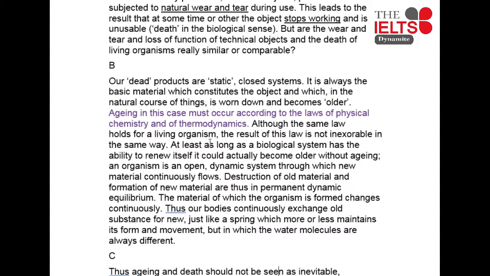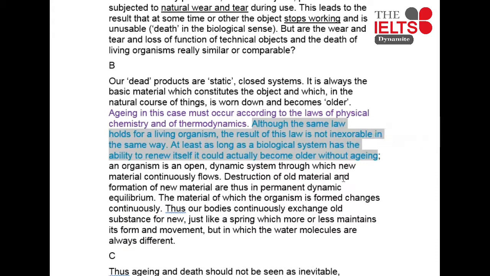Although the same rule holds for a living organism, the result is not the same way: at least as long as a biological system has the ability to renew itself, it could actually become older without aging.